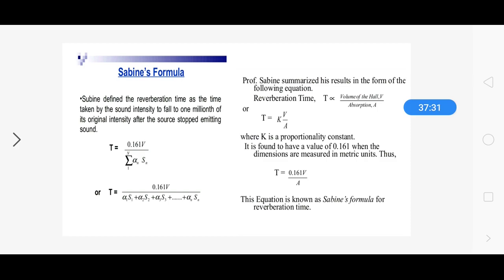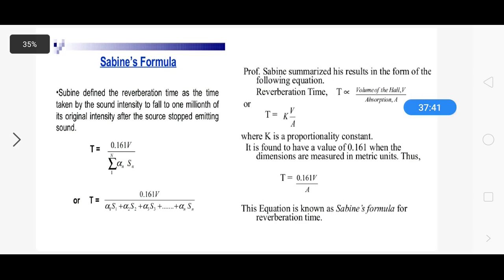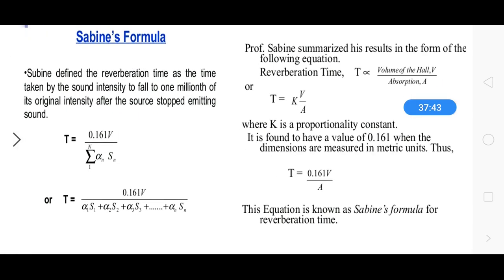V is the volume of the hall, A is the absorption. And how to find this absorption: T is equal to 0.16 V by sigma alpha S, where alpha 1, alpha 2, alpha 3 are the absorption coefficients, and S1, S2, S3, S4 are the areas of reflecting surfaces.